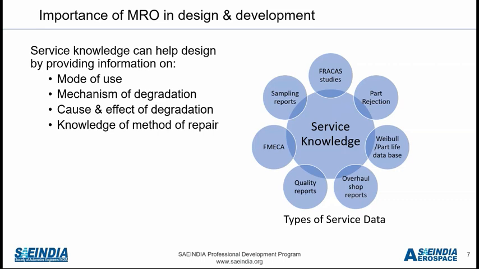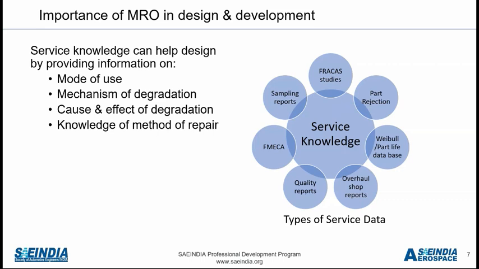Then over a period of time, what kind of degradation has happened in the product, that mechanism of degradation, is a benefit which will help the design team in improving the design in the next iteration, or improving the product itself.